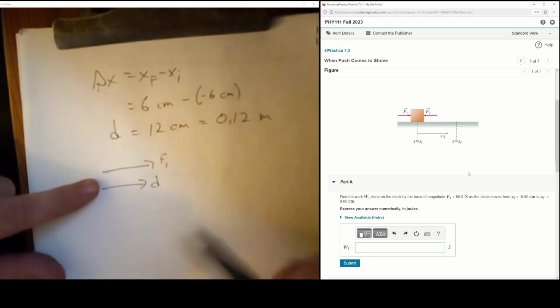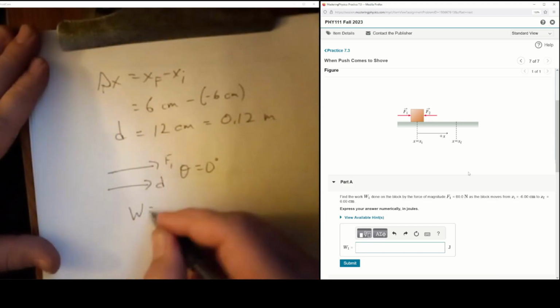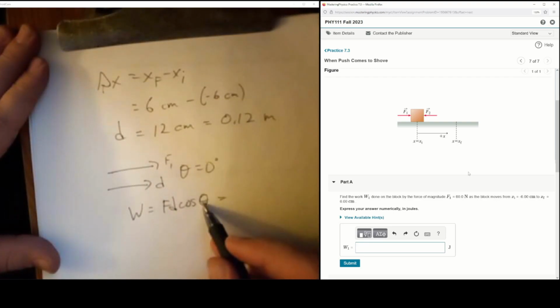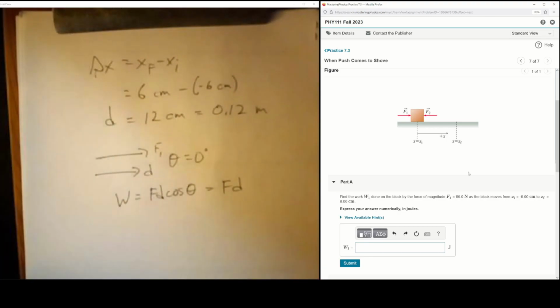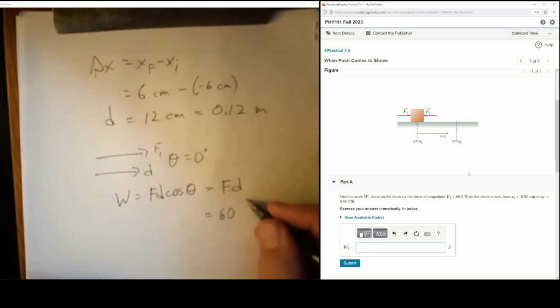Connecting these tail to tail means the angle between them is 0. So when we look at work, F D cosine theta, theta is 0, cosine 0 is 1. So this is just F times D. They're telling us F1 is 60 newtons, and they also told us the displacement is 0.12.